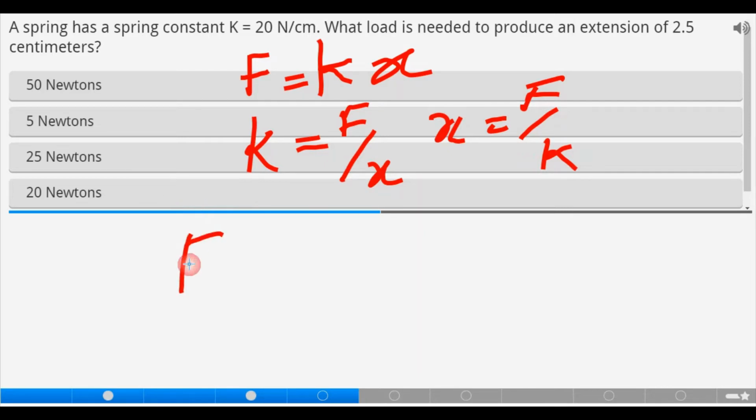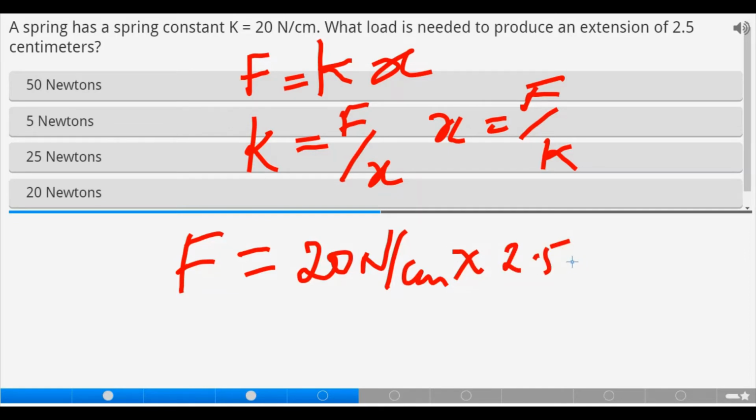Our load is now what? F. F now is equal to, what's our spring constant? 20 newtons per centimeter multiplied by the extension 2.5 centimeters. So we have 20 times 2.5, which can be written as an improper fraction, 5 over 2.